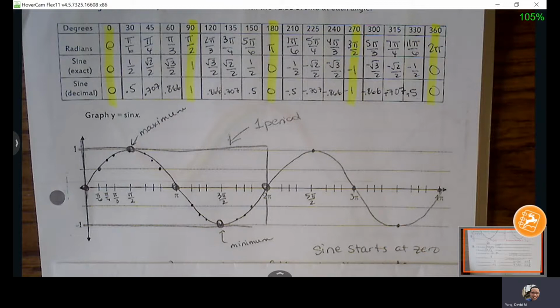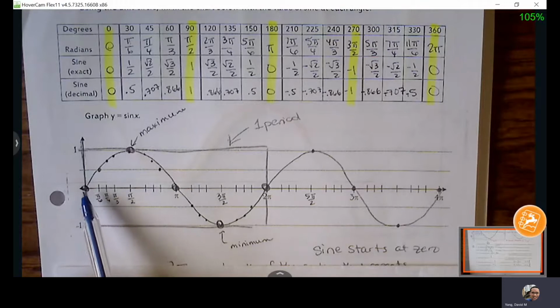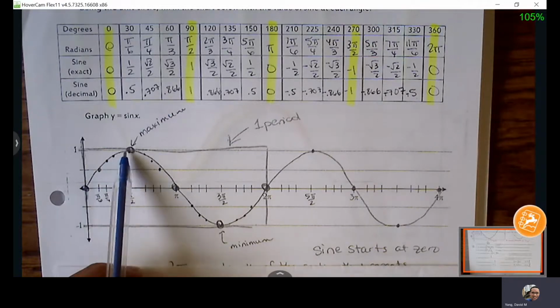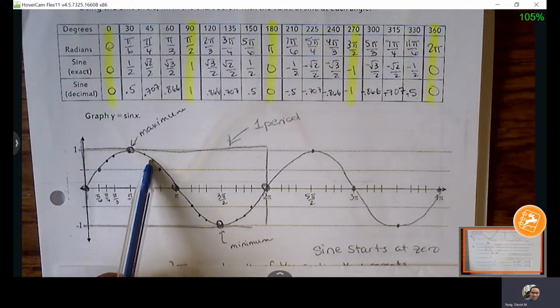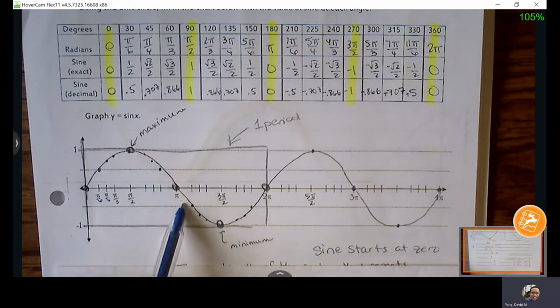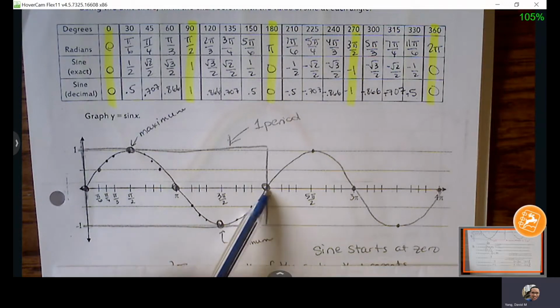So we see that the graph has a wave-like shape, right? The sine graph is going to start at 0 and rise to that maximum value, and then it's going to start its descent all the way down to the minimum value, and then come back up to the x-axis.